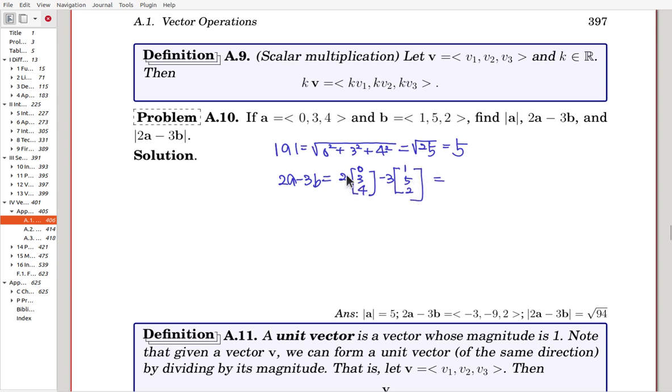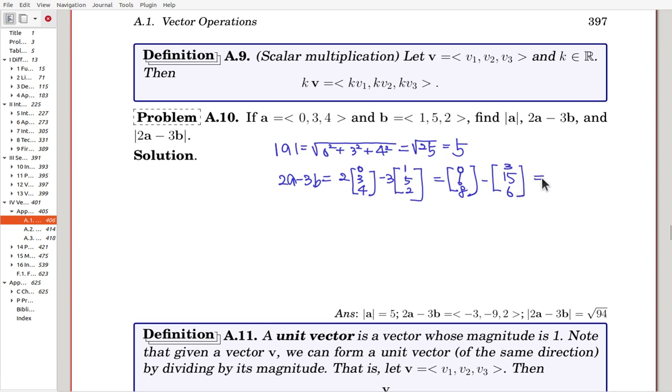Then the scalar multiplication makes (0, 6, 8). For the second one, the product will make 3, 15, and 6, right?